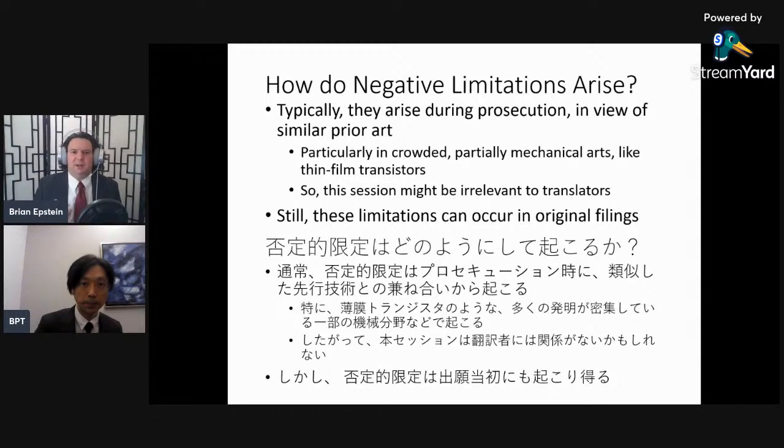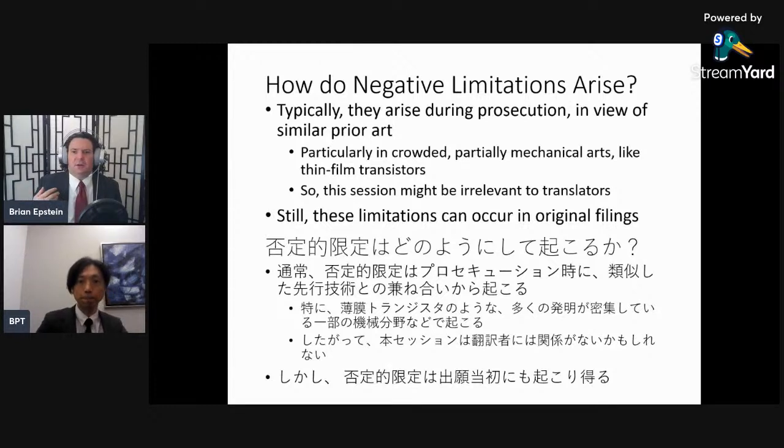So particularly in crowded, partially mechanical arts like thin film transistors, these kinds of limitations will appear in claims. The reason is that, in mechanical arts, the drawings can provide support for these limitations, right? We're discussing things that aren't necessarily in the words or text of the patent application, and instead might be shown in figures.